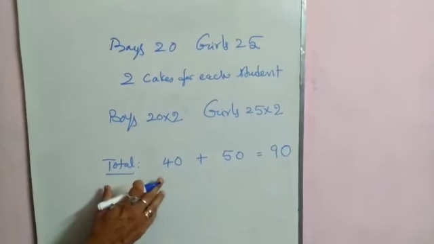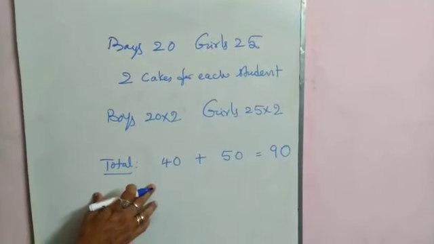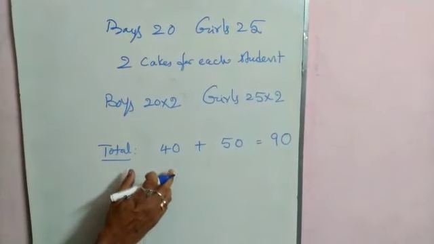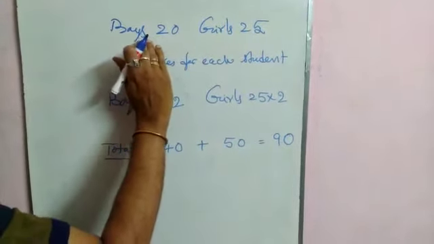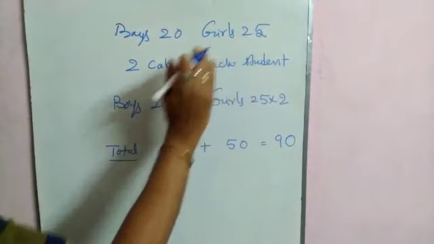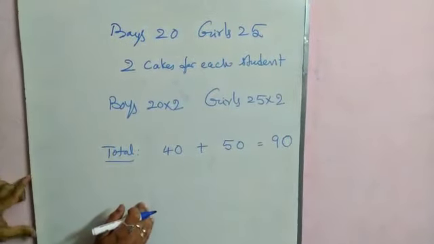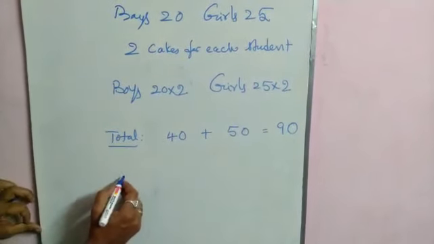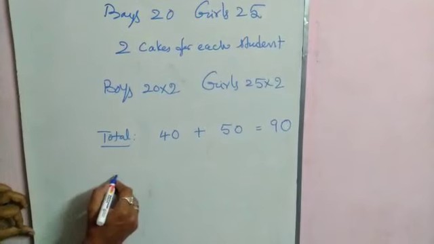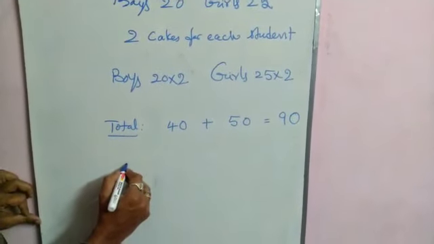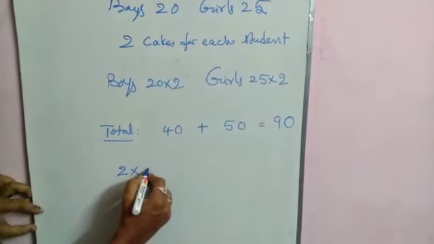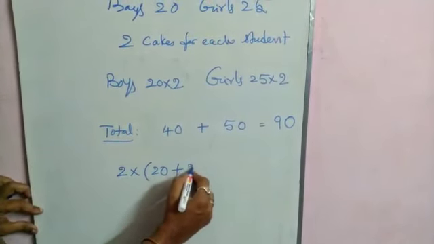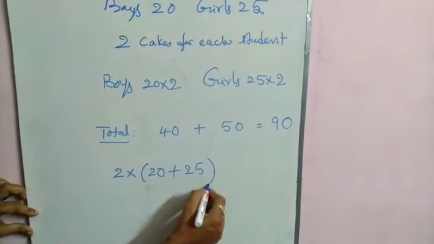In this problem, he is distributing something to two types of students, boys as well as girls. So how do we do this in mathematics? We will try to do it in a different way. I will write 2, which he is giving to how many children in total? 20 boys and 25 girls.